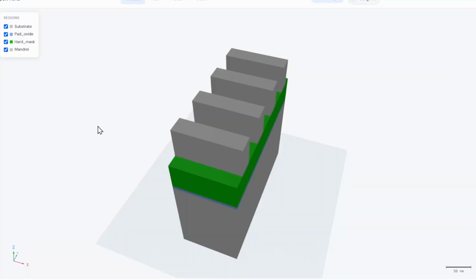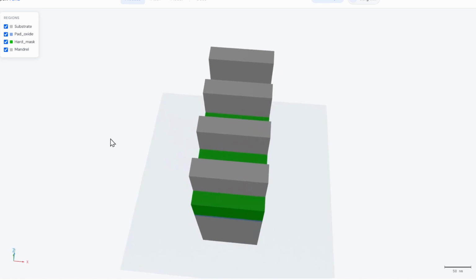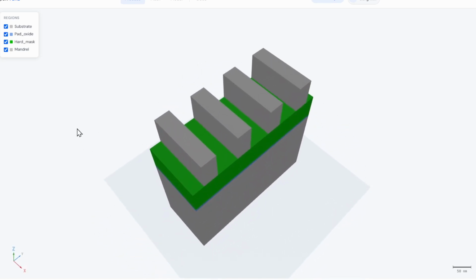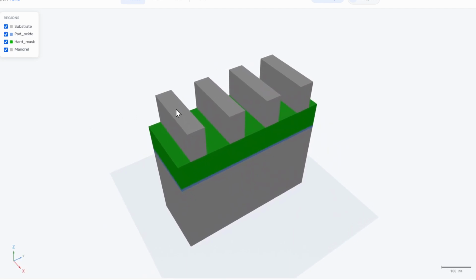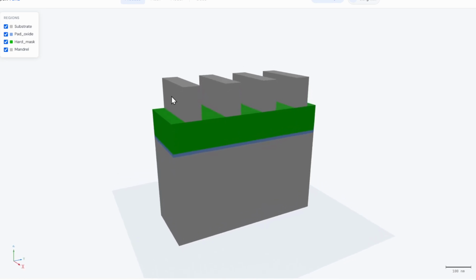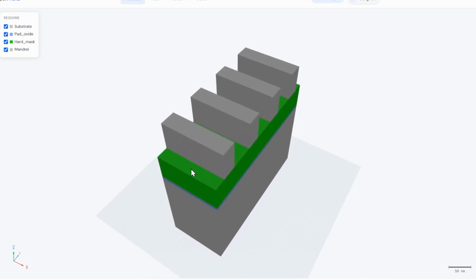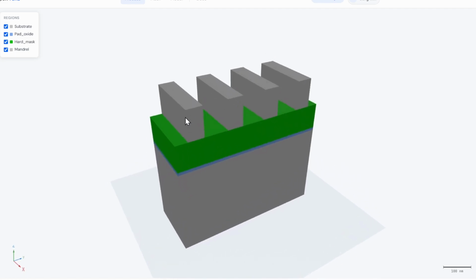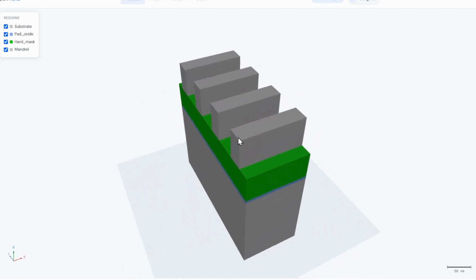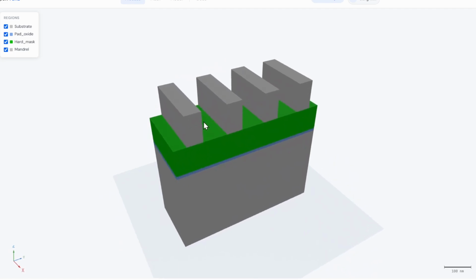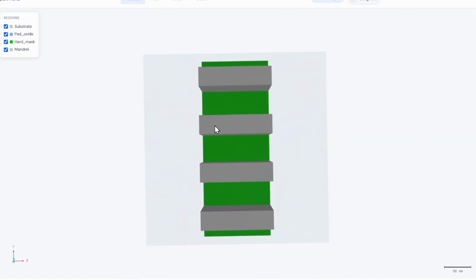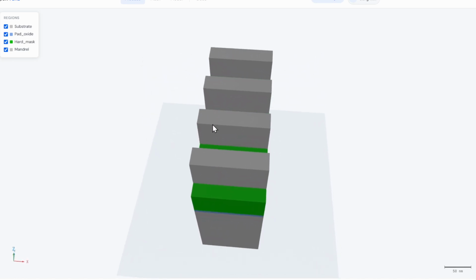Okay, by using this mask, when we do the etching process, the part covered by this mask is saved and still remaining, and the other part which is not covered by the mask is etched away. Now we have a form of horizontal lines, where we have remaining silicon.